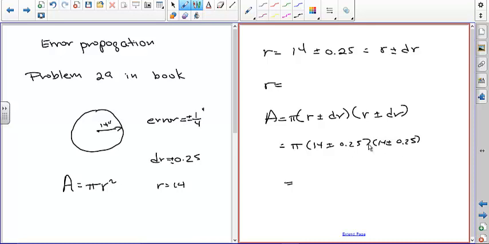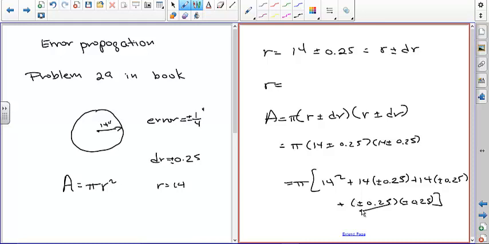And then you could try to do a FOIL with the plus or minuses. So you'd end up with pi times 14 squared, and then the outer, 14 times plus or minus 0.25, and then the inner, another 14 times plus or minus 0.25, and then you'd have plus or minus 0.25 times plus or minus 0.25.